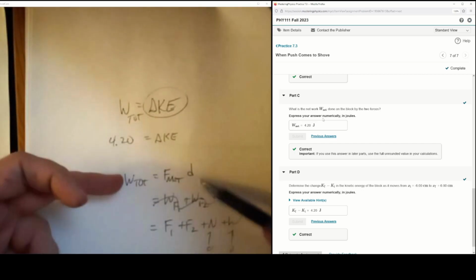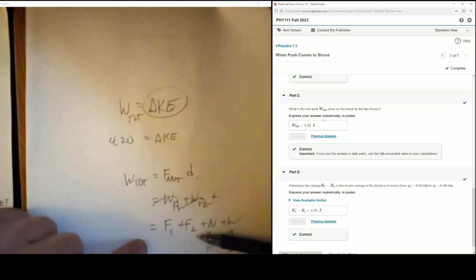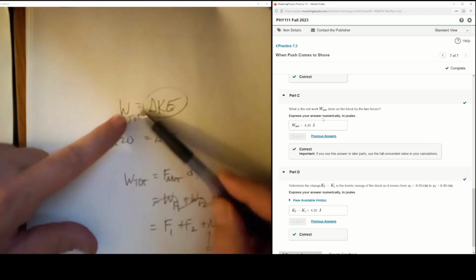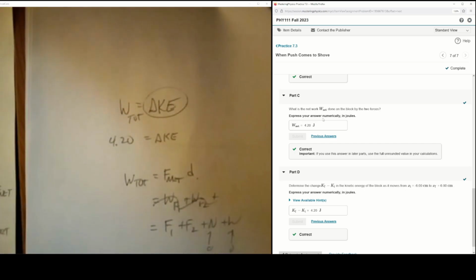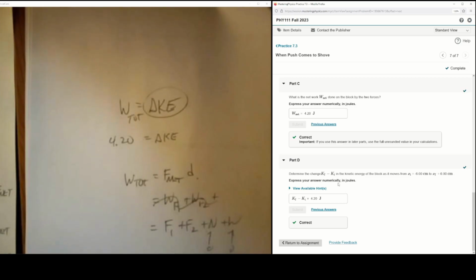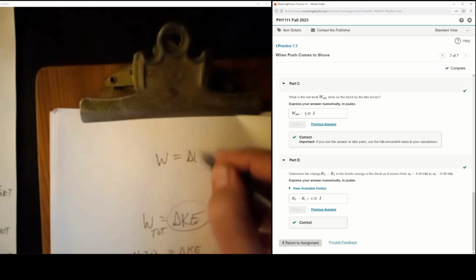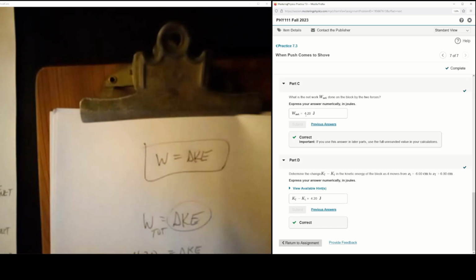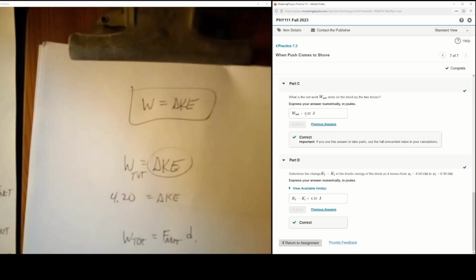So we can get it through either of those ways. That's how we got net work. And then we know the net work also equals the change in kinetic energy, and that's what they're asking for in part D. What is the change in kinetic energy? That's going to be the same as the work we calculated, because that is the work kinetic energy relationship. And that is practice homework 7.3.